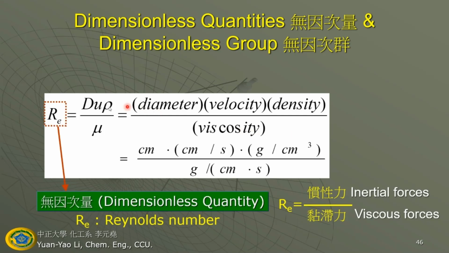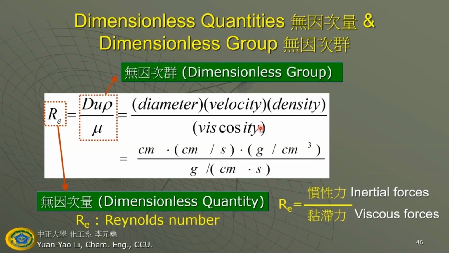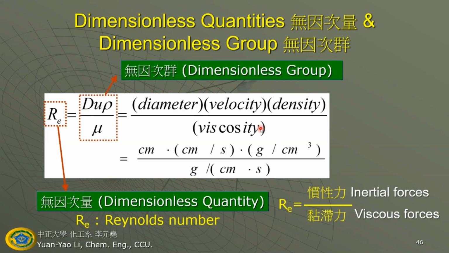So this one we call a dimensionless quantity, as I just showed you. And these are called dimensionless groups. The important thing is this dimensionless quantity.